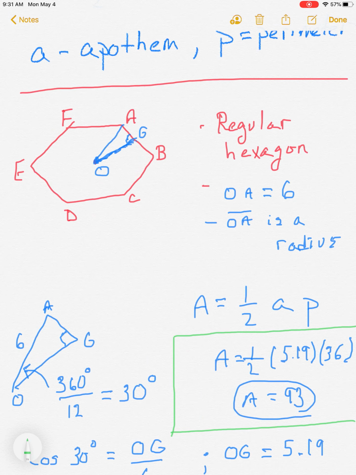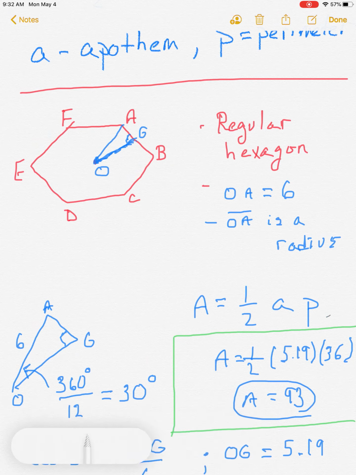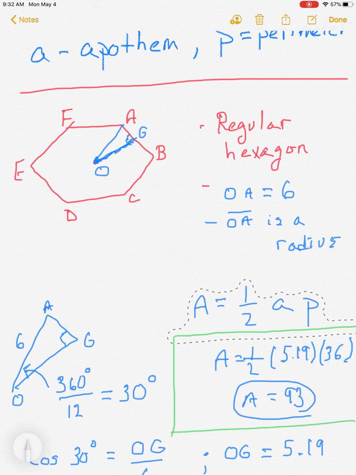Well, of course, the formula tells me that the area is 1/2 of the apothem times the perimeter. So I need to find the apothem, OG, and I need to find the perimeter.